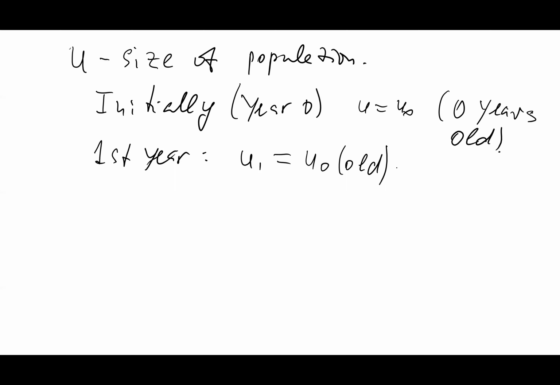So they gave offspring. Therefore, this plus u_0 times young. I call them young in my lecture notes. So this is 1 year old, and this is 0 years old.